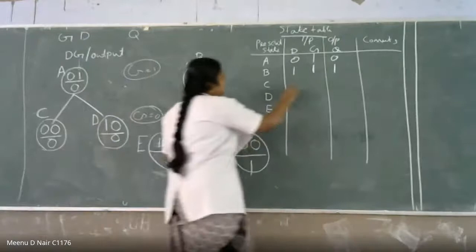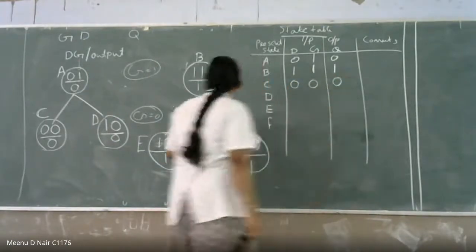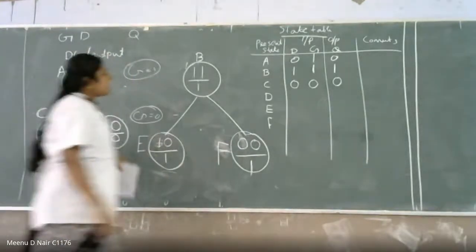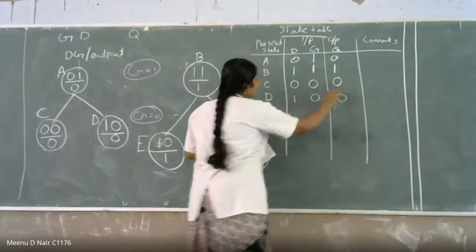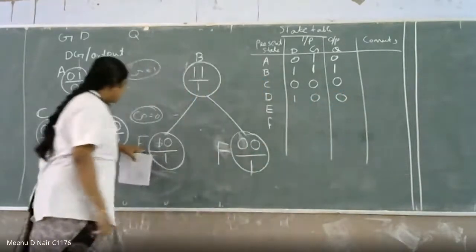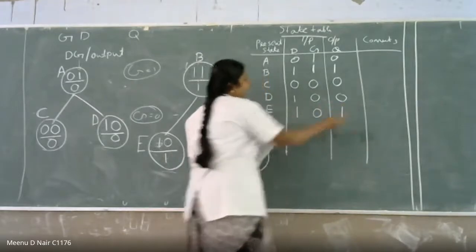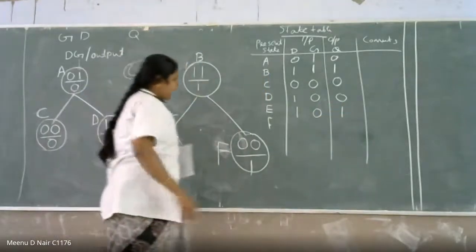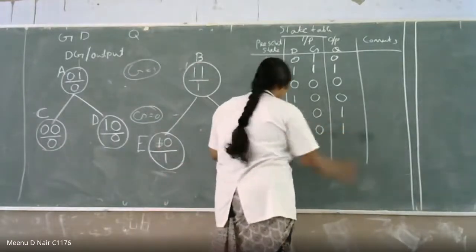C is 0, 0 with an output 0. Then what is D here? D is 1, 0 with an output 0. Then what is E? E is again 1, 0 with an output 1. What is F? F is 0, 0 with an output 1.